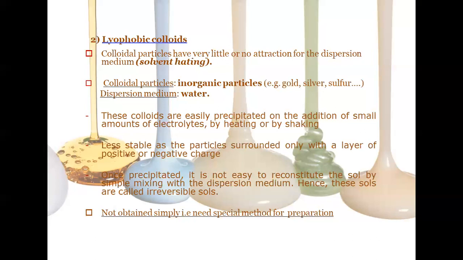Next method is condensation methods. In these methods, particles of subcolloidal range are made to aggregate or condense into particles of colloidal range. The principle is that when the solubility of a compound in water is exceeded, its solution becomes supersaturated.